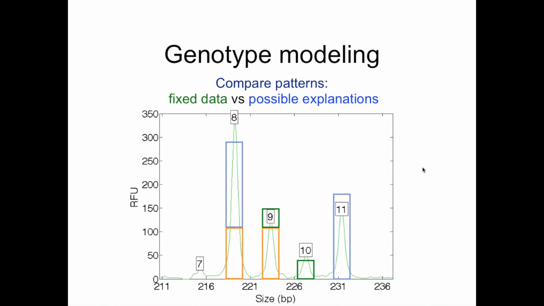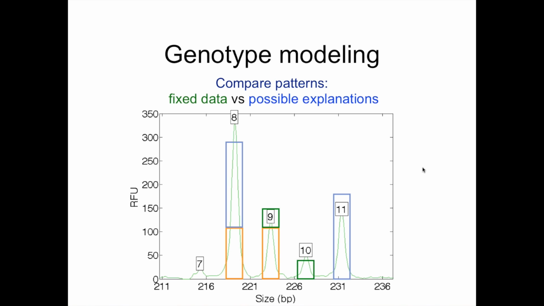And then the patterns that are formed from the genotype hypotheses, in this case of 3 different genotypes, and their allele pairs, are compared against that fixed data, and the proposed explanations keep changing, the data doesn't, and explanations that better explain the data in a probability function receive higher likelihood.